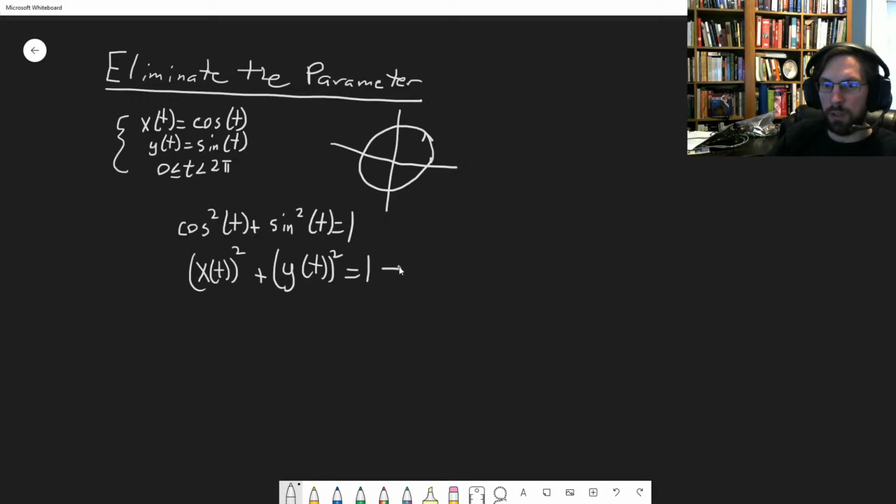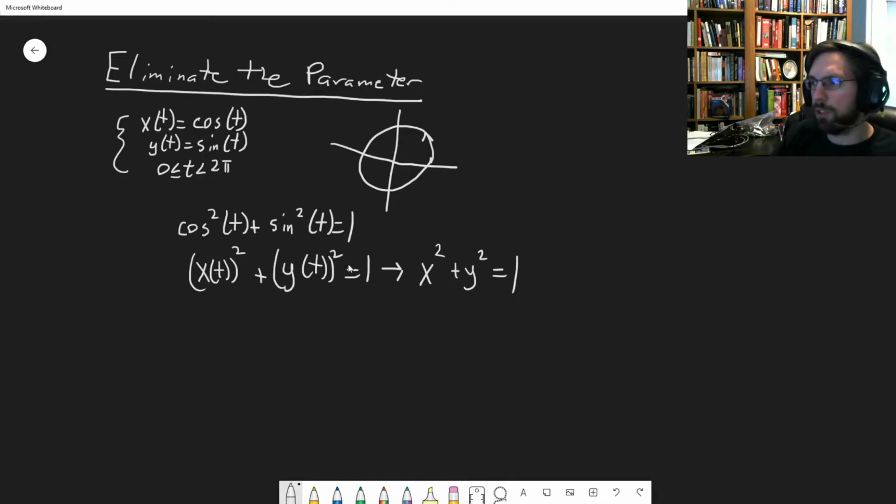And what we normally do at this point is, t is no longer necessary here. So we would say x squared plus y squared equals 1. That's the equation of a circle that we're used to seeing before.